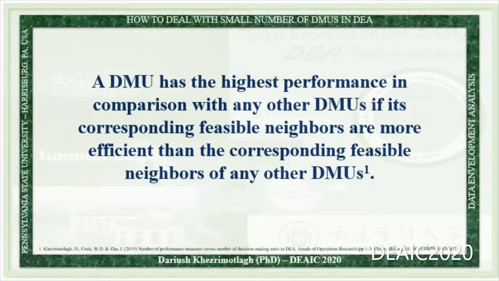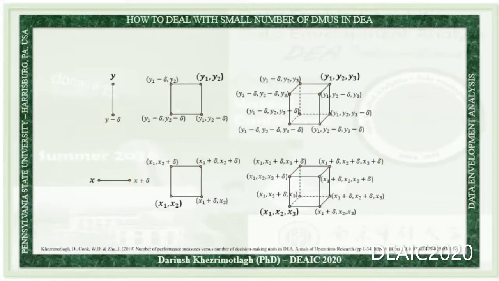For example, if we have several banks with 2 inputs and 2 outputs, such as asset and equity for inputs and revenue and profit for outputs, for a bank that lies on the best practice frontier, decreasing a small proportional amount of the revenue or profit should not cause a huge effect in the efficiency score of that bank.